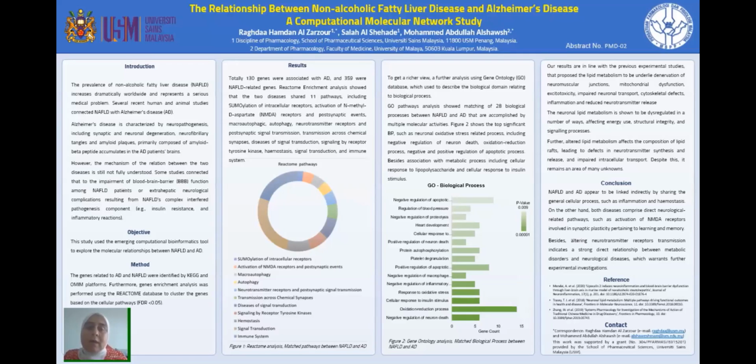Both diseases are linked indirectly by sharing general cellular processes, such as inflammation, homeostasis, and the activation of NMDA receptors involved in synaptic plasticity, affecting learning and memory. Moreover, lipid metabolism seems to be a main key player in this cycle. This can indicate a strong direct relationship between metabolic disorders and neurological diseases that strongly warrants further experimental investigations.